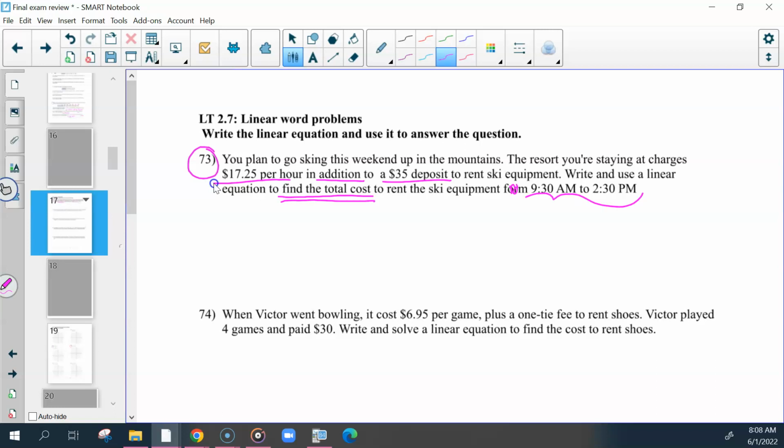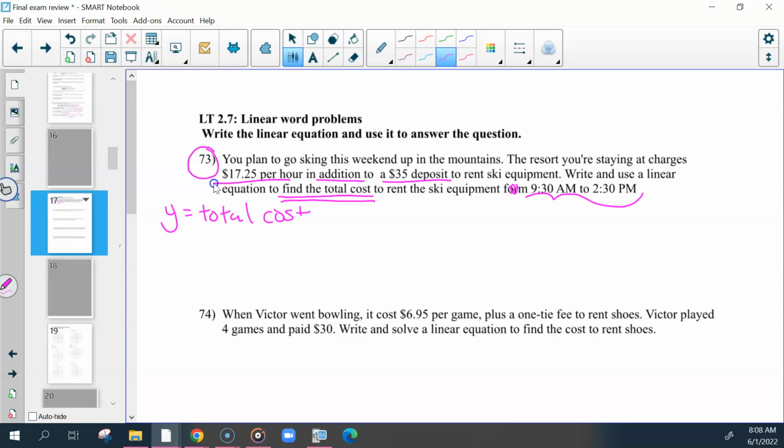So the thing we don't know is the total cost. I'm going to label everything as a variable, and that may help you set all of these up. Total cost is usually like our y. All of these will be set up in some sort of y equals mx plus b format. So y would be our total cost. Our m would be anything where it says per, for each. So in this case, the per hour.